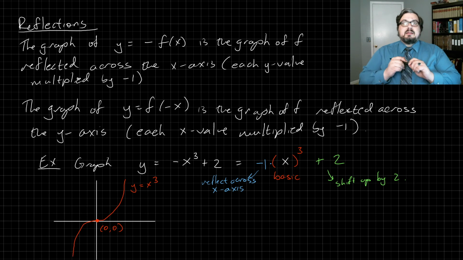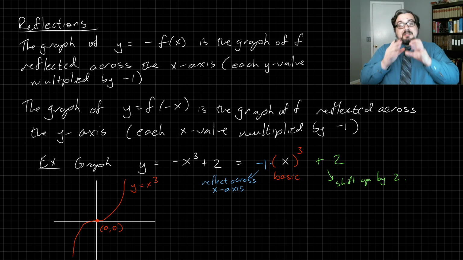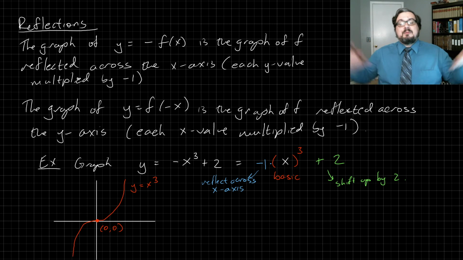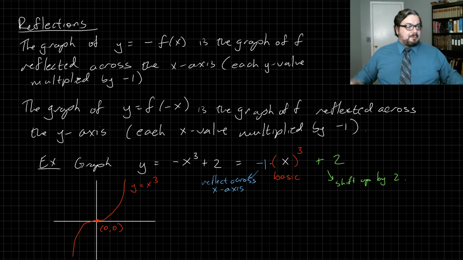Here, unfortunately, we have a difference between what happens with the stuff outside, which affects the graph vertically, the y values, and the stuff happening inside the basic function. Now, in this problem, all the transformations are happening outside the basic function. You've got the x, you're cubing it, and then all the other stuff is happening.